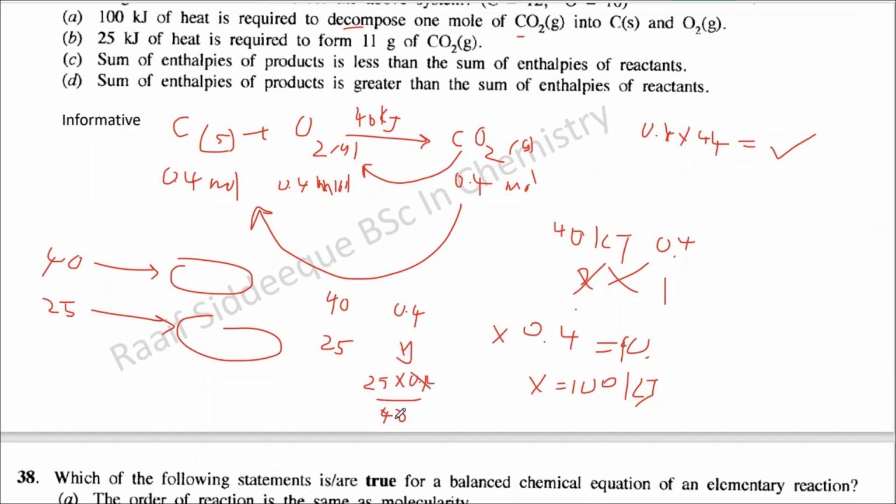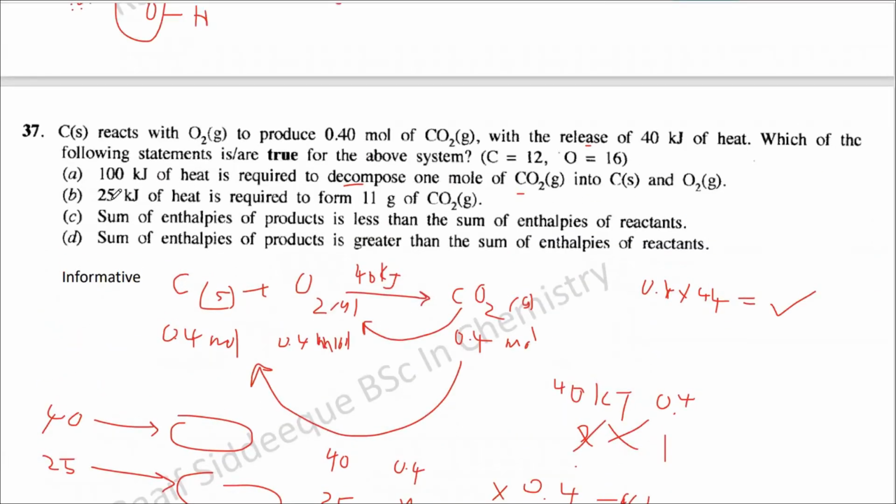This is 4 over 400, which is 1 over 100, which is 0.01, and it will be 0.25, right? So 0.25 multiplied by 44, you can get the value here. This is 1 over 4 times 44, so it will give 11 grams. So basically, if you want to decompose 11 grams of CO2 the other way around, you should give 25 kilojoule for an example. Okay.